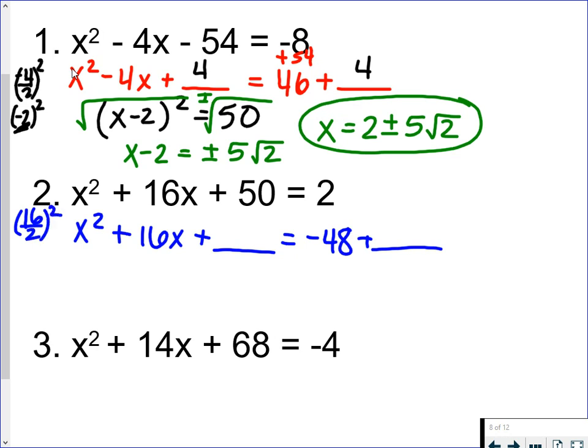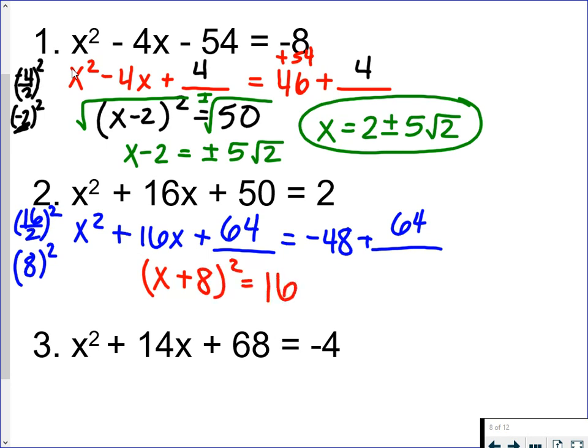So I get 8 squared, which gets me 64. 64 minus 48 was what? 16. So then we get x plus 8 squared equals 16.